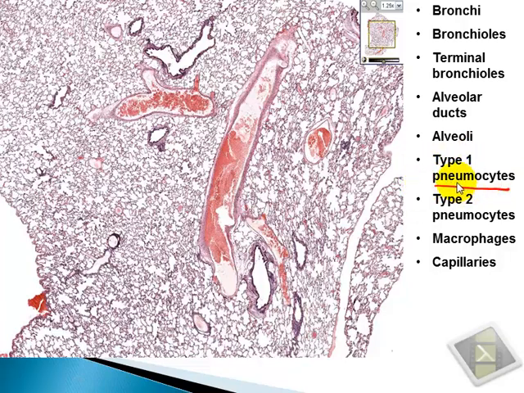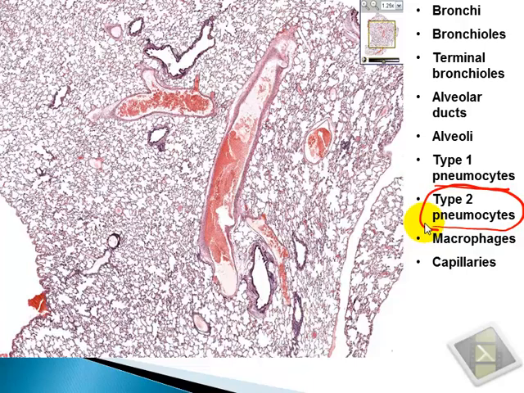These type 1 pneumocytes are the ones which are lining the alveoli, and please do not commit the mistake of thinking that type 1 pneumocytes are the ones which secrete surfactant. The surfactant is produced by type 2 pneumocytes, which are granular cells.